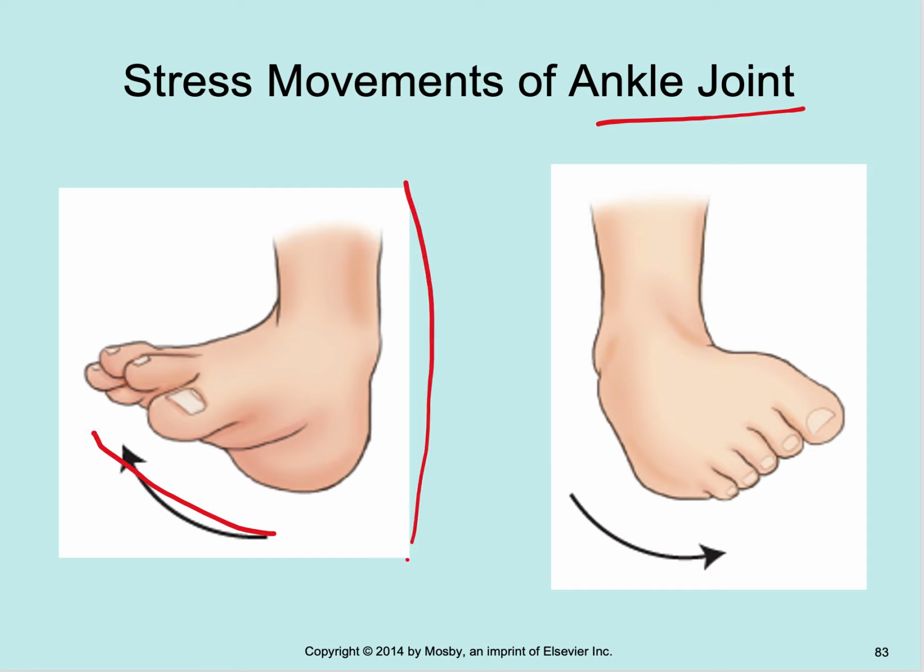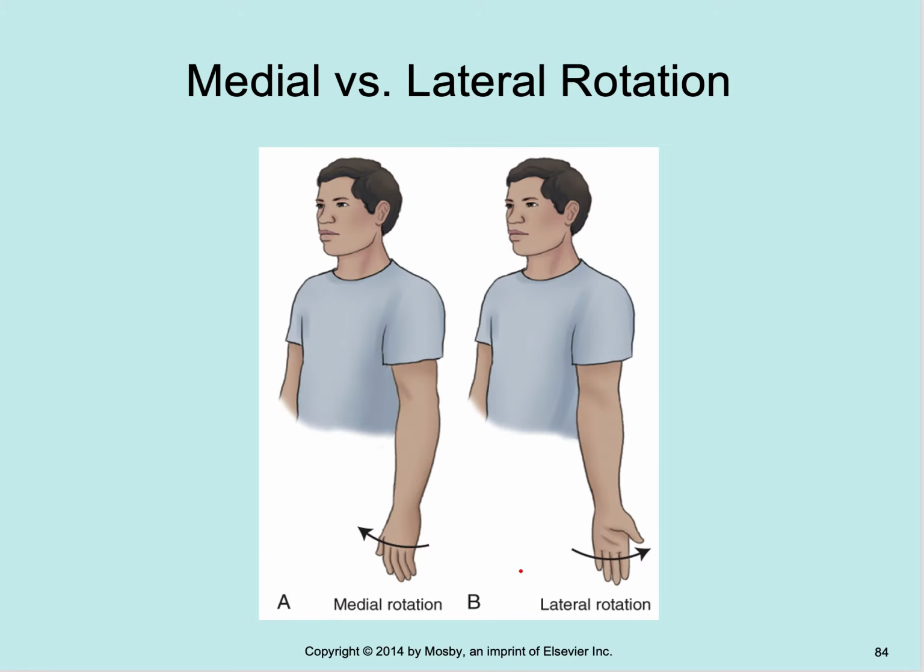So your midline is here because our first toe, the big toe, is medial. This here is the medial aspect, so you're moving more medial. Inversion towards the midline, eversion away from the midline. Those are stress movements of your ankle.